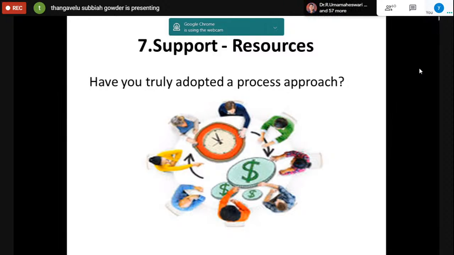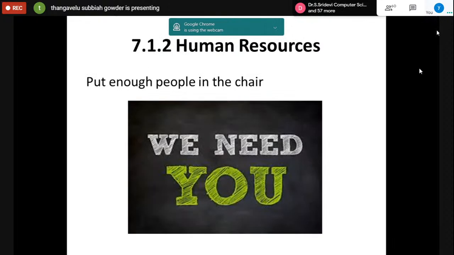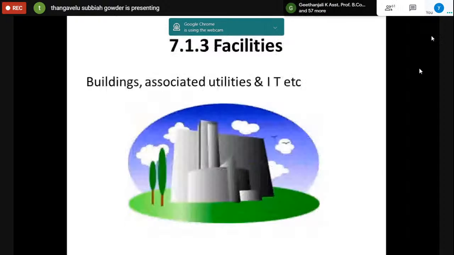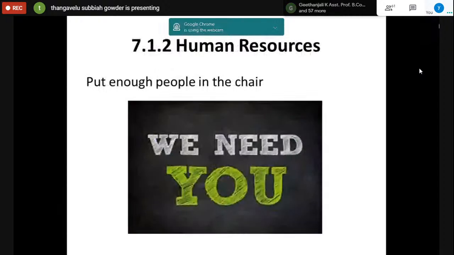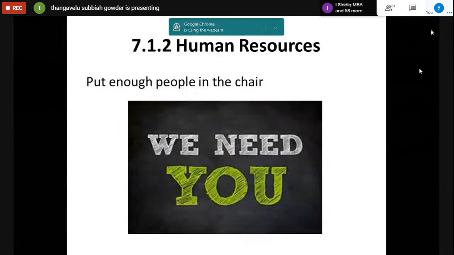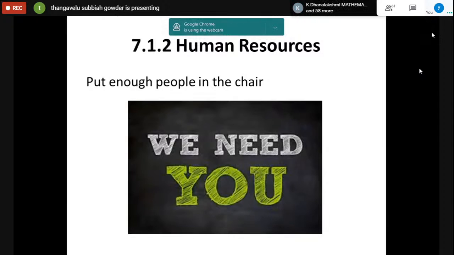Whether they really meet that requirement, that we have to assess. Then we need to have human resources meeting the university norms. Student and faculty ratios we have to meet, what is the total number of students present, and what is the total number of teaching and non-teaching staff. Is it meeting the requirements of the university standards? That we have to ensure.